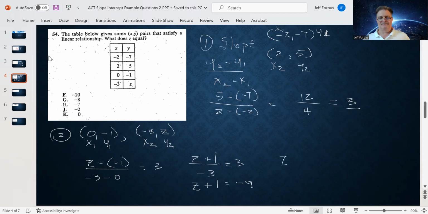Now Z will be equal to -9 minus 1, which is going to give us -10. So Z is -10, and that is answer choice F. All right, next question.